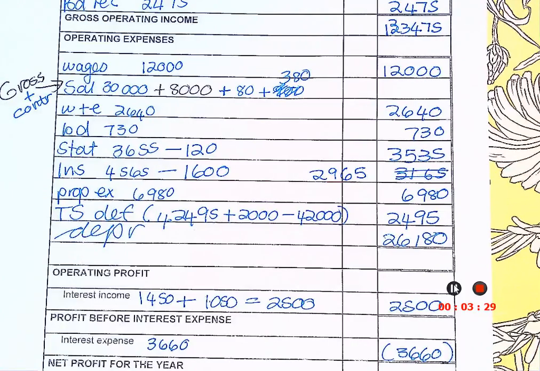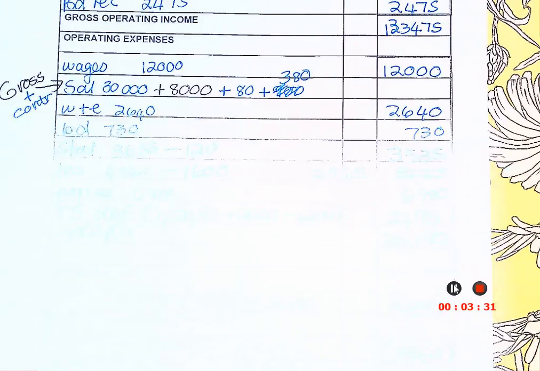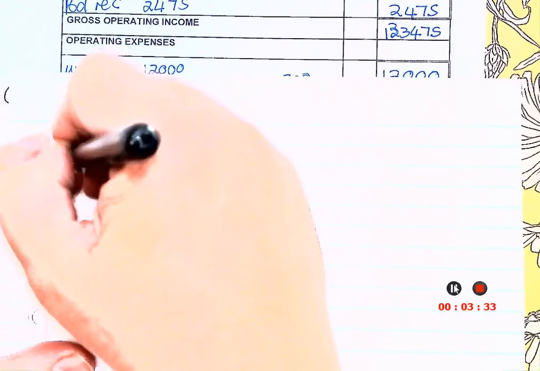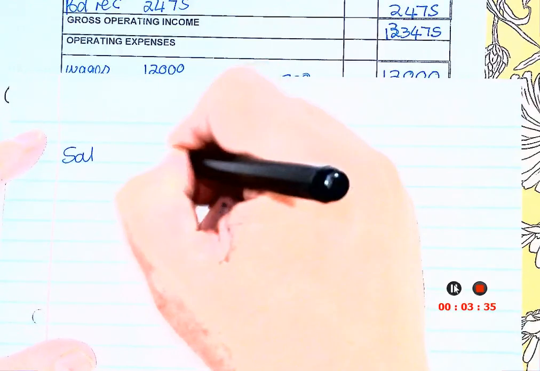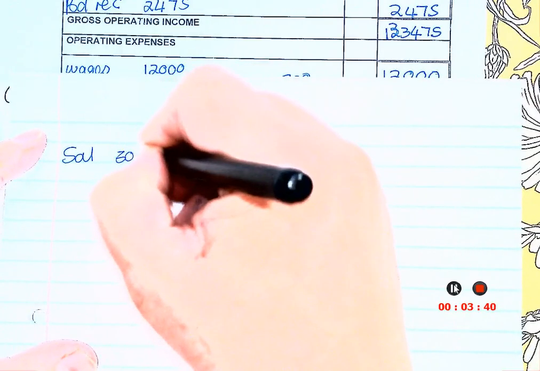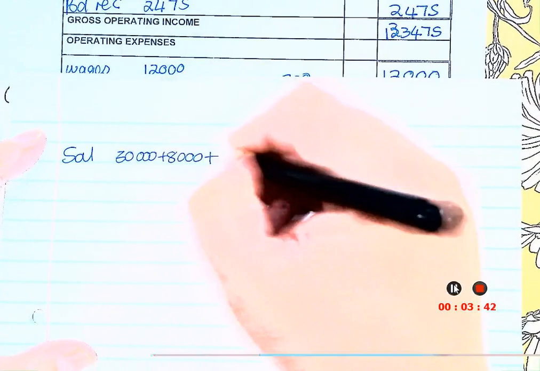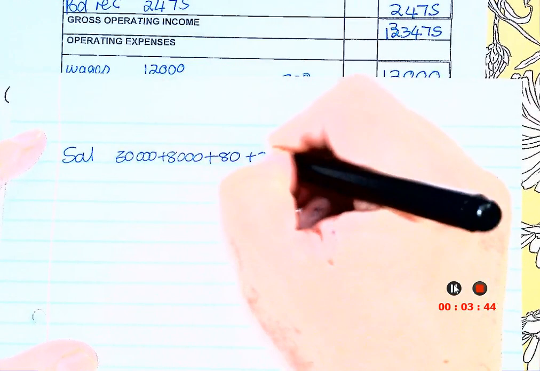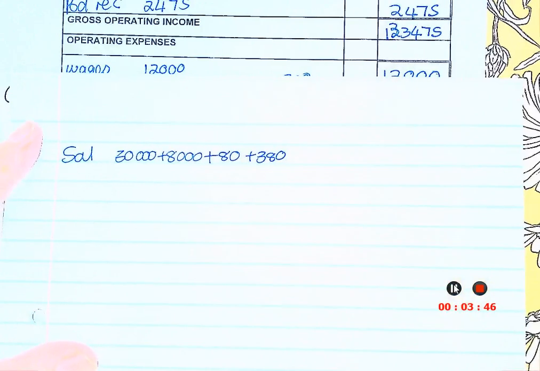So that's my 3 ways. I could have shown it like we did it, where I said salary is the 30,000 plus the 8,000 plus the 80 plus the 380. That's the one method.